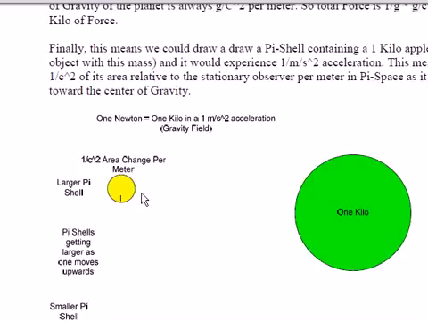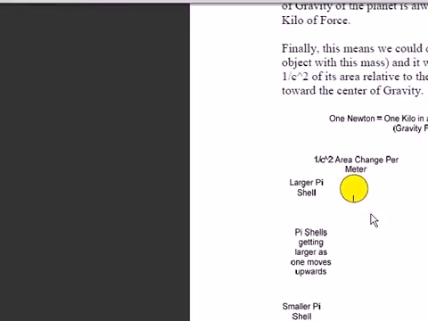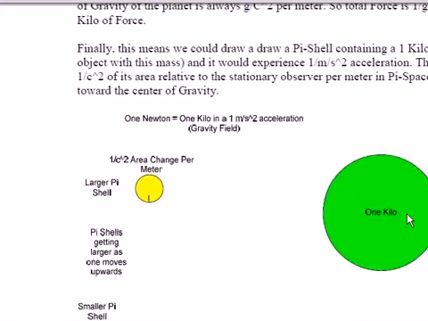So it's not just about the area loss. That's the acceleration component. F equals ma. This is the a part, and this is the m part. 1 kilo. So 1 kilo is pushed into this pi shell. This can be millions of atoms, which make up 1 kilo.